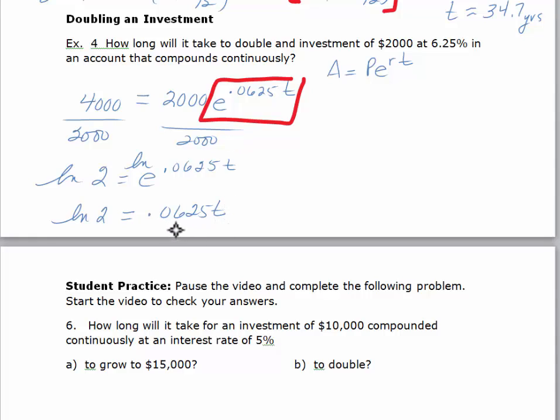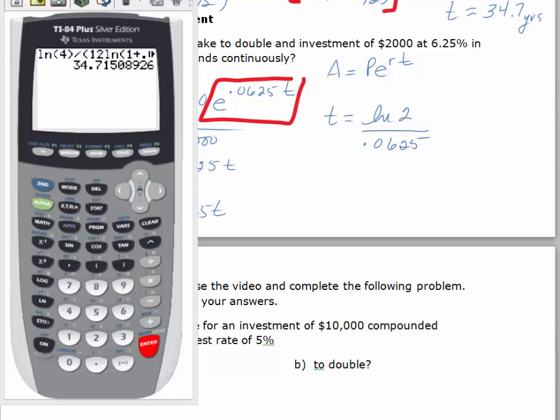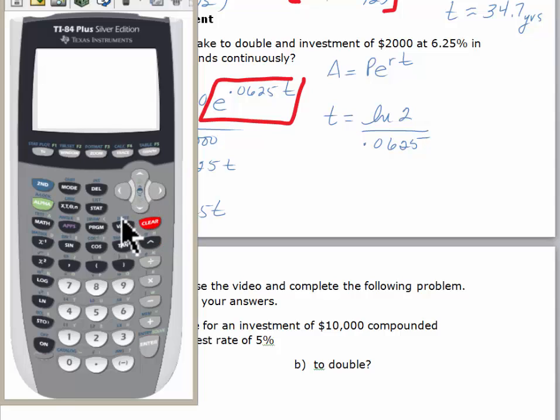Dividing both sides by 0.0625, I get t is equal to the natural log of 2 divided by 0.0625. Let's evaluate that on the calculator. Take the natural log of 2 divided by 0.0625.